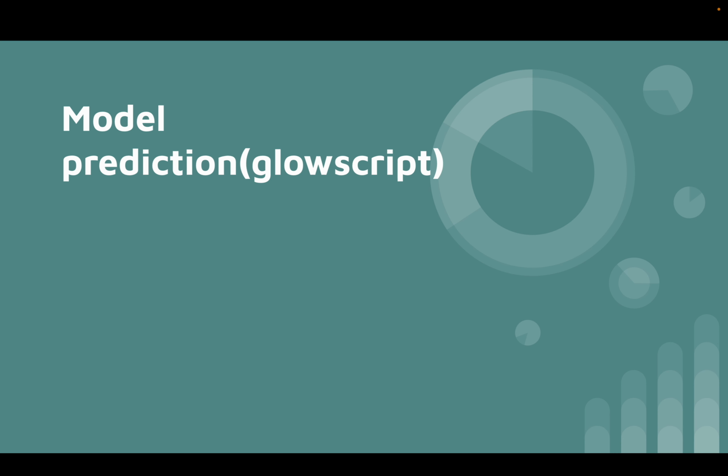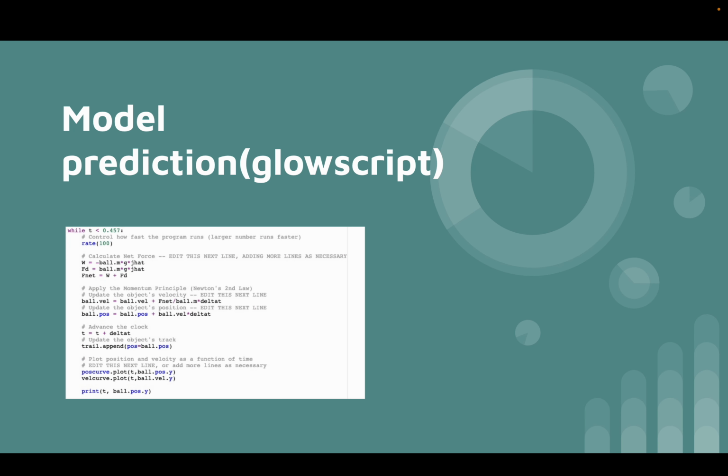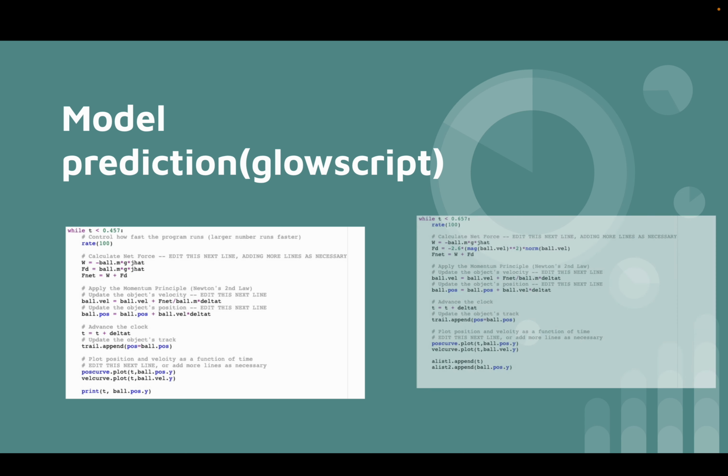So let's take a look at our model in VPython. I basically divided it into two time periods. The first time period, t smaller than 0.457, is when the bottom of the slinky stays stationary.